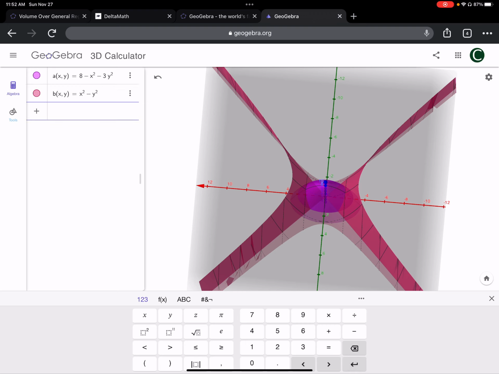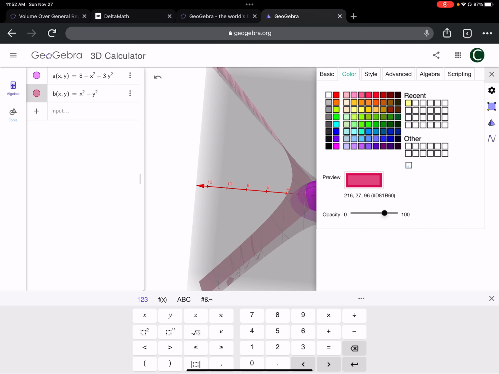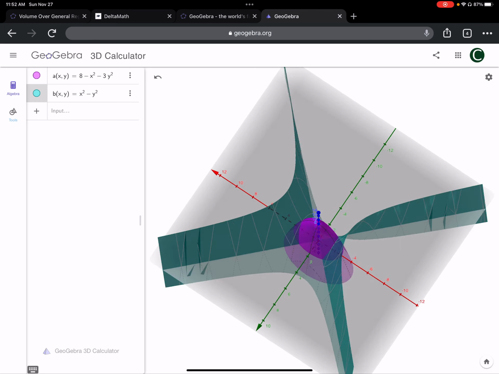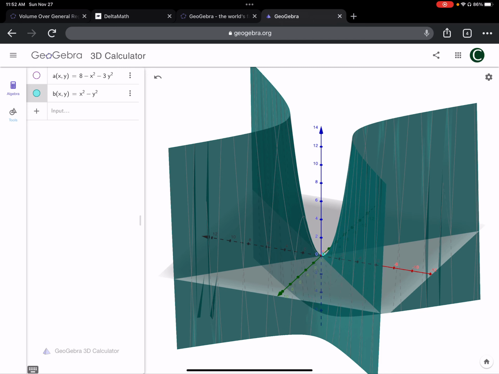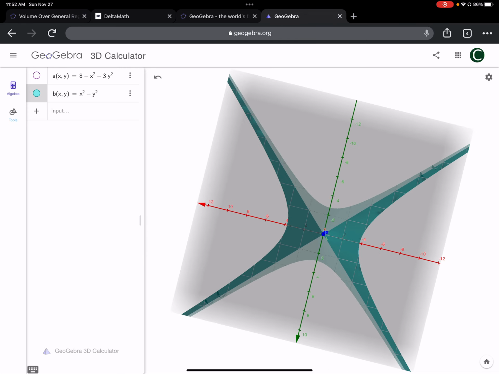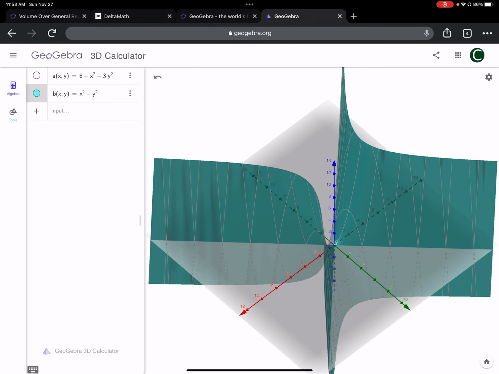Let's change this color to maybe green. Yeah, that'll work. So now what's different is, let's turn this off for a moment. Look at the projection down in the XY plane. The region that we have is bounded above by this curve and below by that curve.